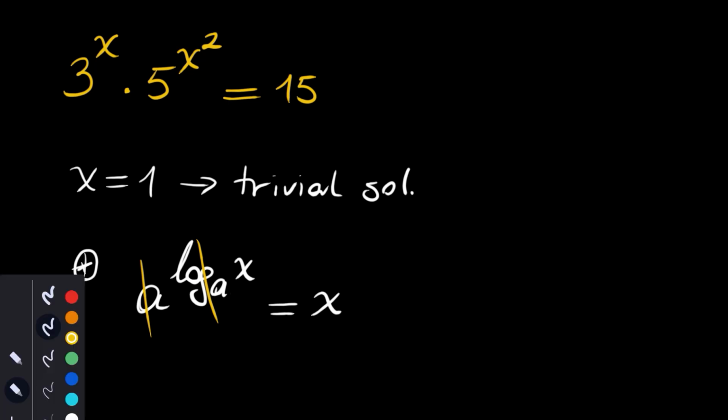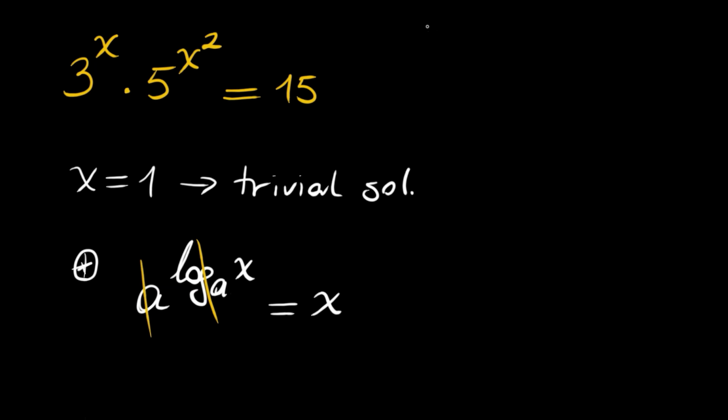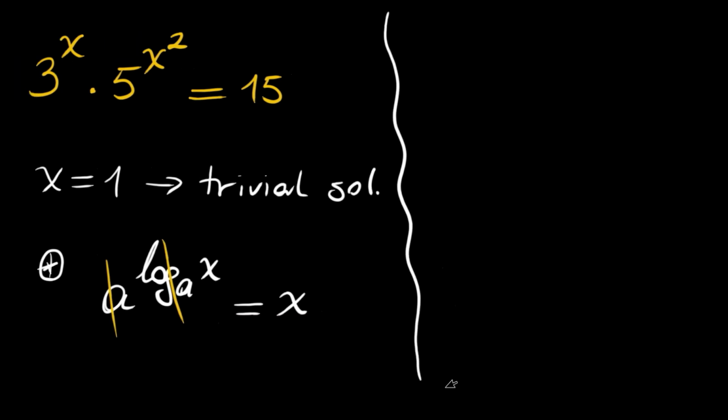Now we will use this to make our bases the same. We have 3, and we want to write this 3 as 5 to the power of log base 5 of 3, and all to the power of x. This is the same as 3 to the power of x.